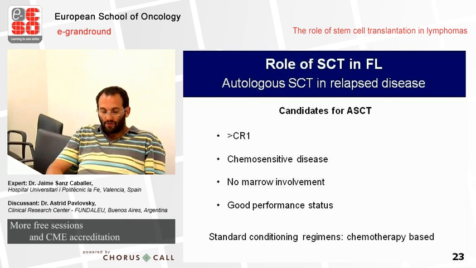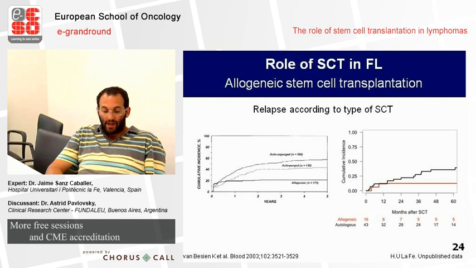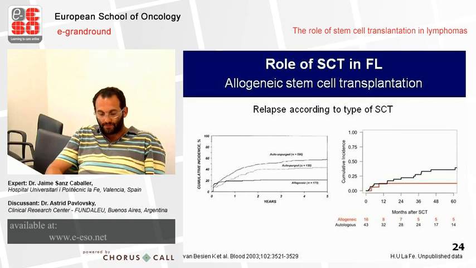Slide number 24. Naturally, the next question is, when should allotransplant be offered instead of autologous? Allogeneic transplant is the only known curative modality for patients with follicular lymphoma.